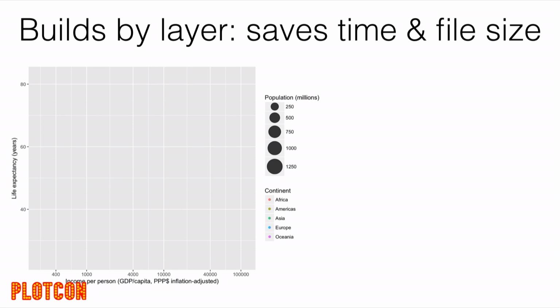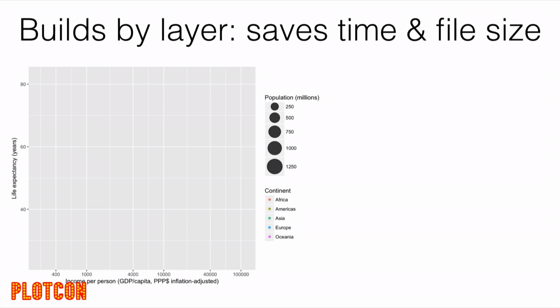As I mentioned, there are other approaches to animation, most of which tend to involve creating one plot for each frame. So what advantages does gganimate, treating it as an aesthetic, have over them? First, mostly that it gets to take advantage of understanding the ggplot object structure and use that to create an efficient plot. One of the big ways is, this is a very recent development, it can now build by layer.